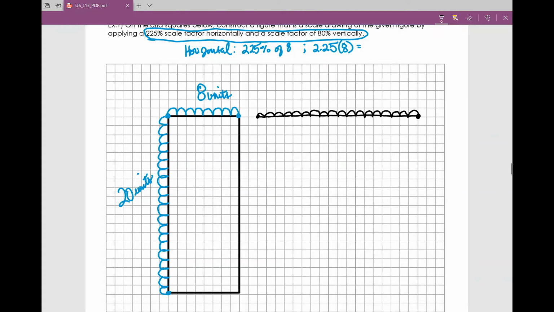And then for our vertical, the scale factor is 80%. So vertical, we have 80% of what? 20. That would be 0.8 times 20, which equals 16. Oh, whoops, the horizontal one equals 18 units.